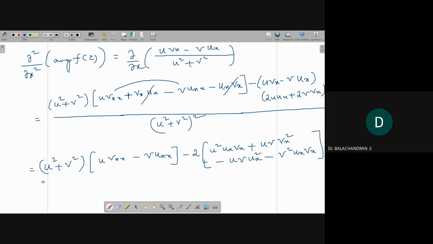Close the bracket. The denominator is u square plus v square whole square.